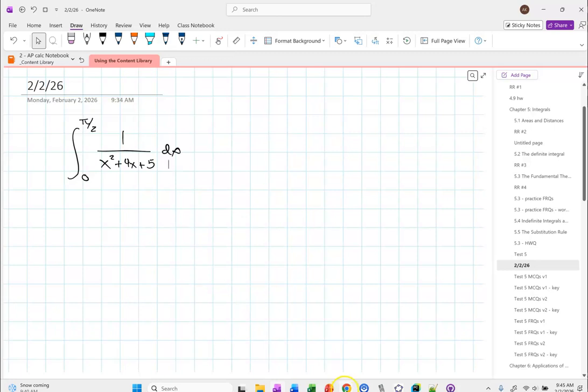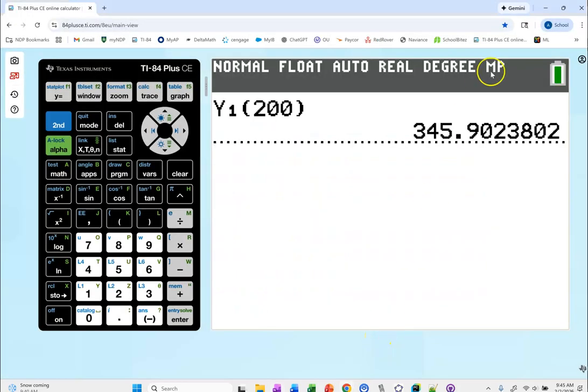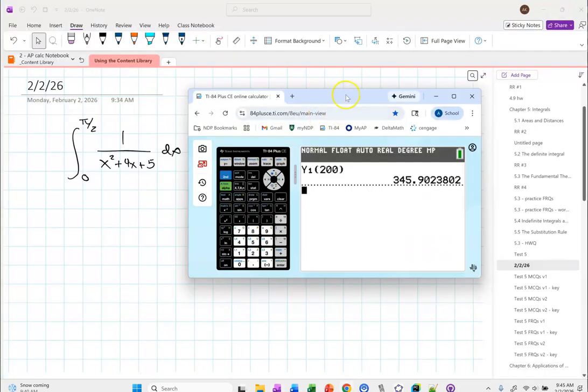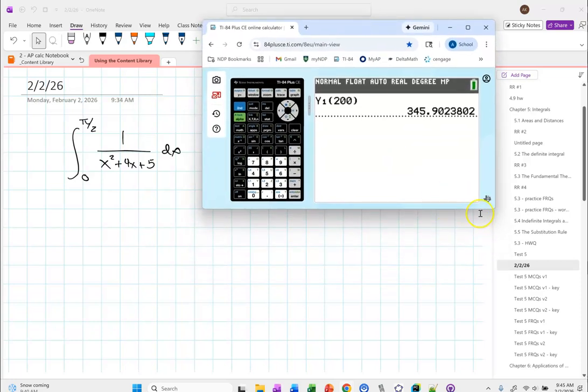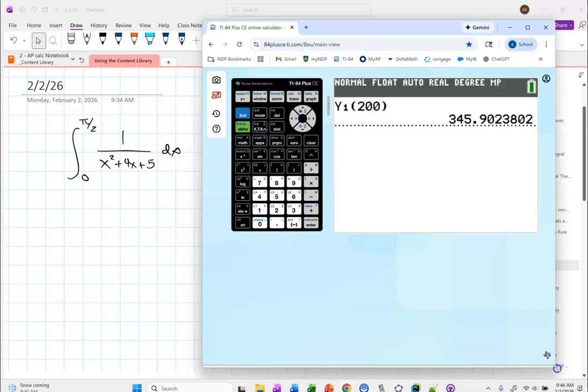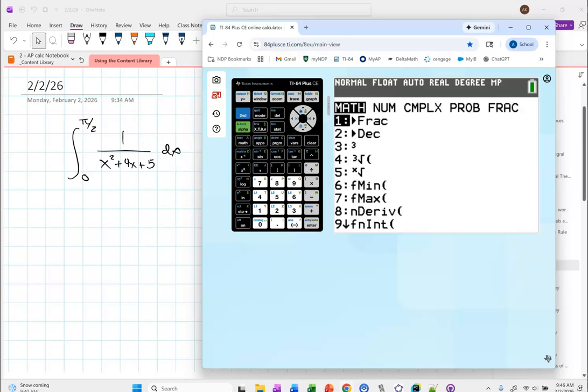So if I pull up my graphing calculator, just shrink it down so I can look at it on the board. So I'm going to do this on the calculator. To get the integral symbol, I press the math button.